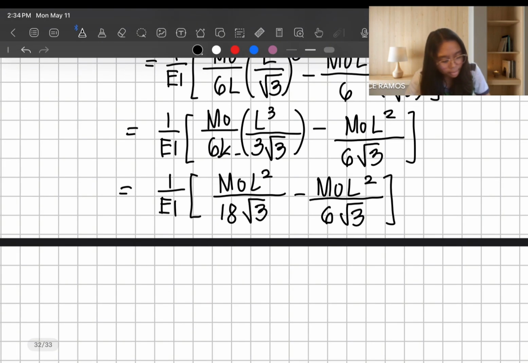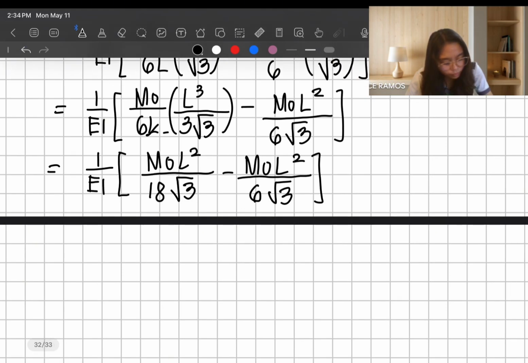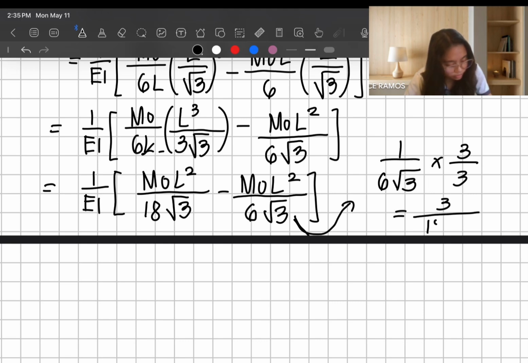Kung mapapansin natin, magkaiba yung ating denominator kaya hindi pa natin siya madadirect subtraction. So, what we'll do is we'll multiply this to 3 over 3. So, 6 times 3 over 3. And we will get 3 divided by 18 square root of 3. So, we'll just rewrite.